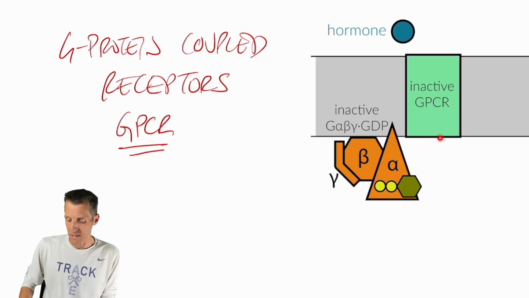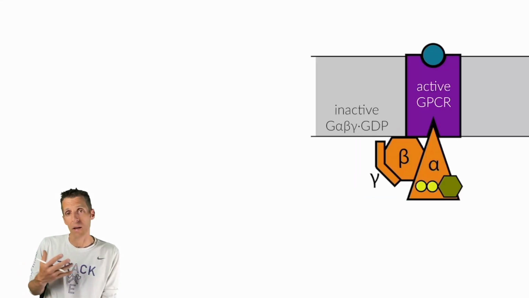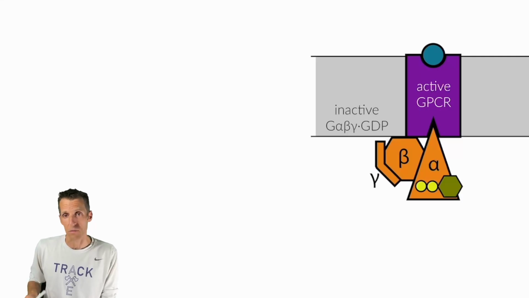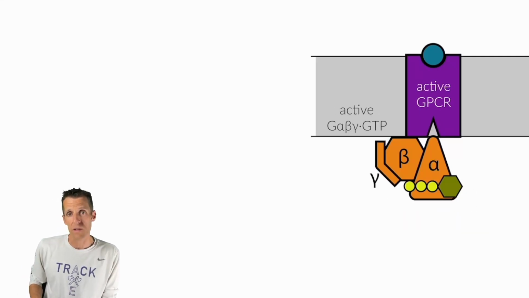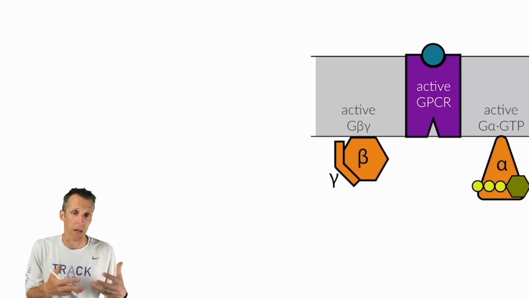The protein sits in an inactive conformation. When a hormone or an agonist or something that turns this on binds, it puts it into an active form, shown here in purple. That active GPCR can then bind to a G protein, and that's where the name comes from, this alpha protein, which then triggers a set of events that cause the alpha protein to wander off into the cell, and actually the beta and gamma both.